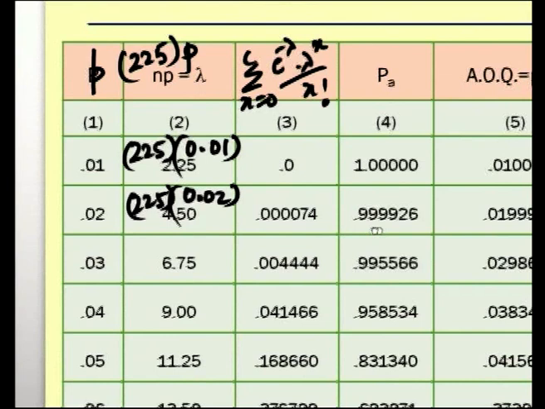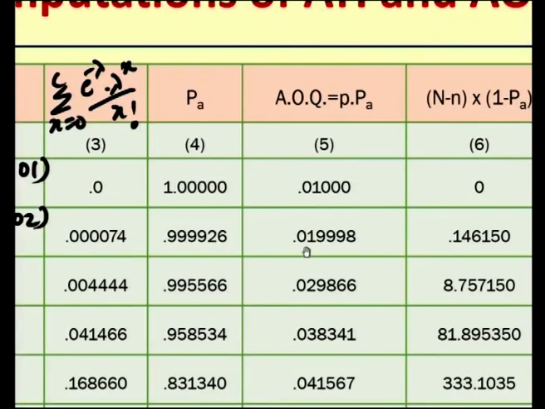Then the next PA value, according to the formula of PA, summing from x equal to 0 to C, is 0.999926. Multiply this 0.999926 with 0.02, and we get 0.01998.